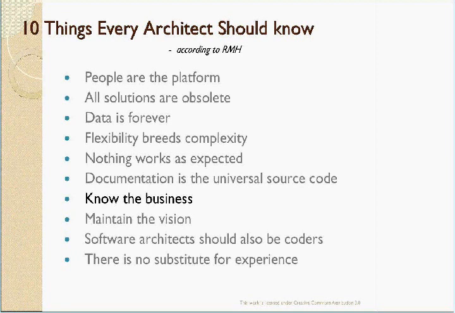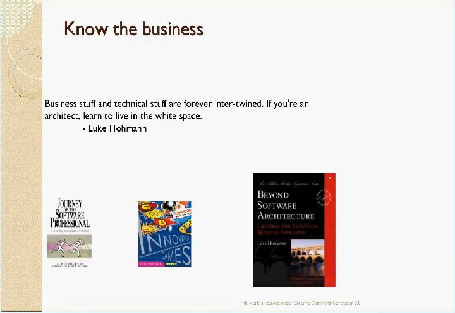Taking a look at a quote here, again from Luke Holman, he says, "The business stuff and the technology stuff are forever intertwined. If you're an architect, you learn to live in that white space in between." And that's really your job in a nutshell, to connect the business objectives with the technology capabilities and facilities that you have to make your business more successful.